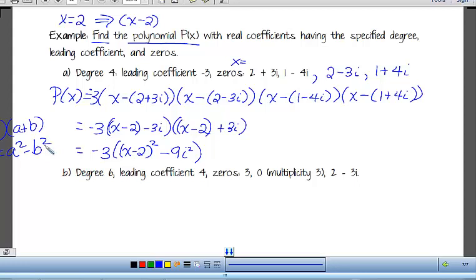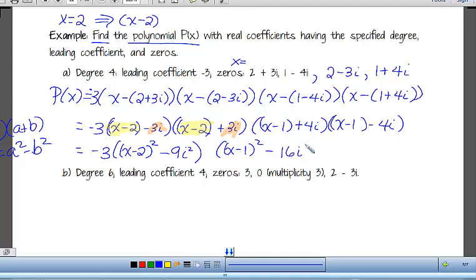So x minus 2 is my a, and the 3i is my b. When I multiplied them together, I got a squared minus b squared. We'll go one more line to simplify it, but I wanted to show you that before we got too far. Same thing here. We get x minus 1 plus 4i, and then x minus 1 minus 4i, and that multiplies out to be x minus 1 squared minus 16i squared.